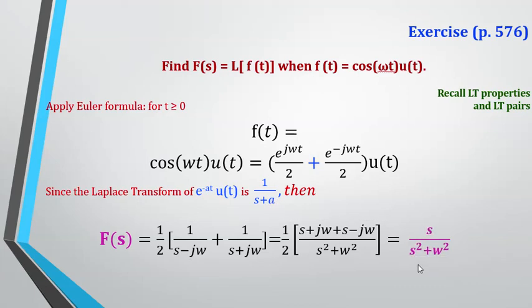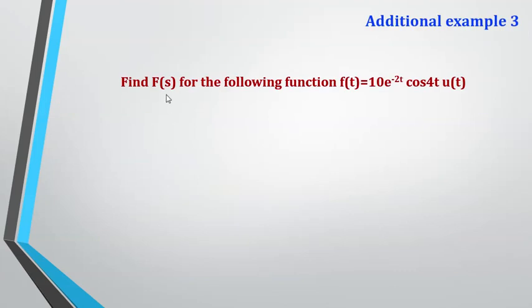Now I would like you to try something. I would like you to find the Laplace transform of this function: 10 e to the power of minus 2t cosine of 4t u(t). Look here, you have to use both properties.